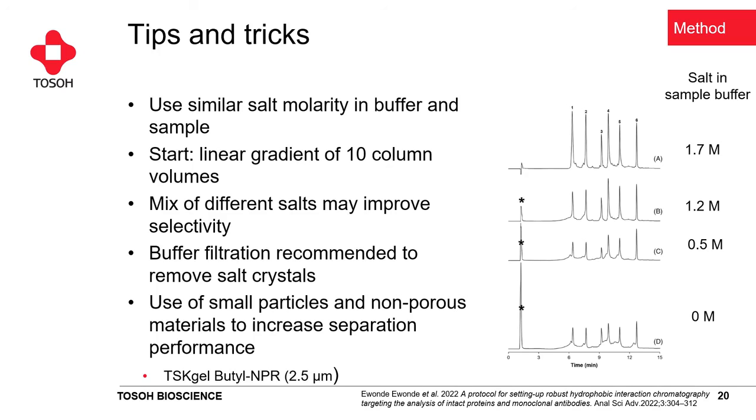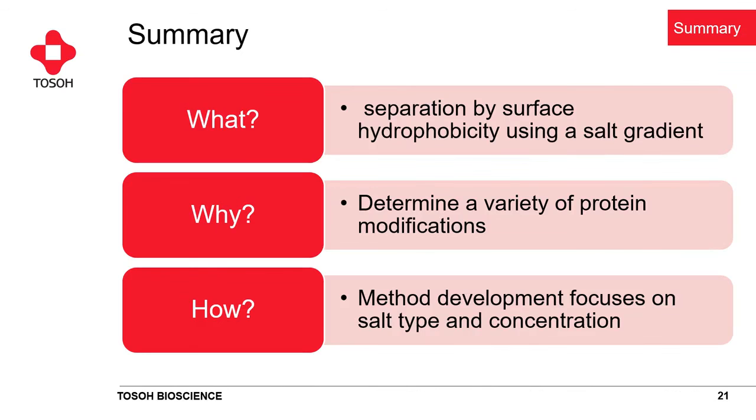With that, I would already like to summarize what we learned today and come back to the title of today's talk: hydrophobic interaction chromatography for protein analysis. What is it? We separate our proteins by their hydrophobicity, and we do so by using a salt gradient. Why would we like to do that?